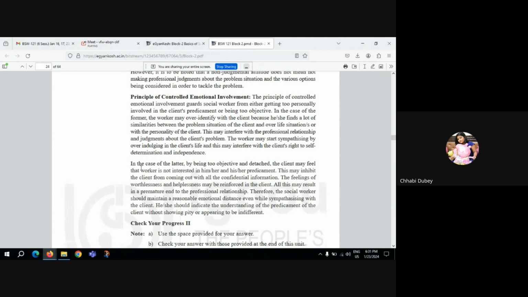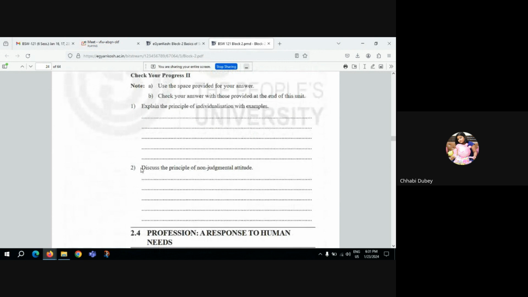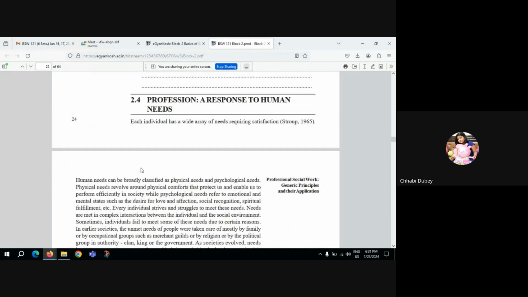This is going to interfere with the professional relationship and our judgment about the client's problems. So this kind of overindulgence with the client's life should be avoided at all costs, and we need to prevent getting too much involvement with the client. So these are the general principles of social work.